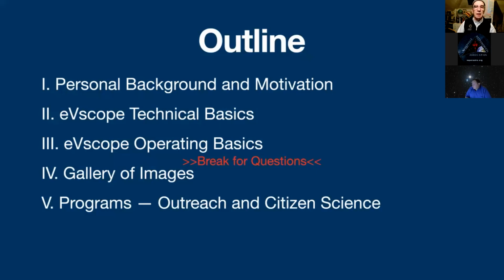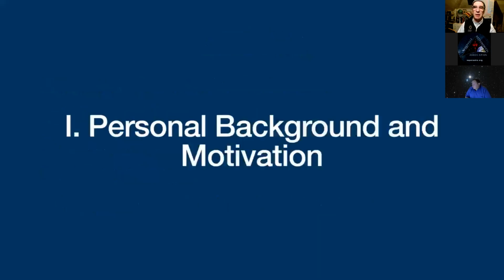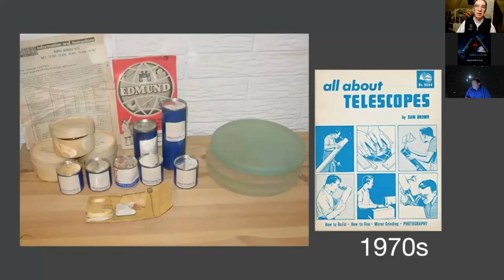So let me talk a little bit about background and motivation, because I've got an unusual record in astronomy. I made a telescope mirror, like maybe some others did, during the 1970s when I was in college one summer.